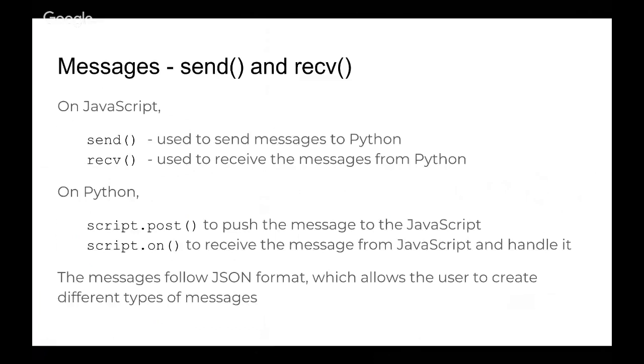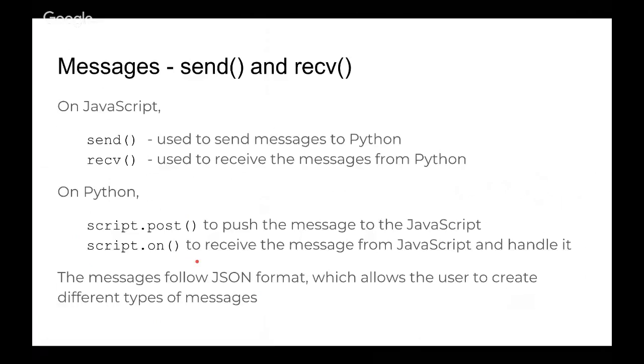I talked about messages. Now let's talk about it in detail. In JavaScript, there are two functions which deal with it: send and recv. Send is used to send messages to Python, and recv, which is receive, is used to receive the messages from Python. On the Python side, in the Python script we write, we use script.post, which sends or pushes the message to JavaScript, and script.on, which executes when it receives a message from JavaScript and handles it.